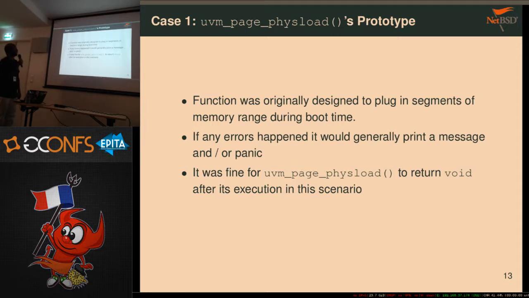In the process of this integration, there were certain assumptions, for example, uvm_page_physload was just expected to succeed, because if you couldn't register a physical page during boot time, then something serious is wrong, so you panic. That was the assumption in the boot code. That's not great for testing, because we need to know if this function actually did the right thing, and the function should have some way to return that information.